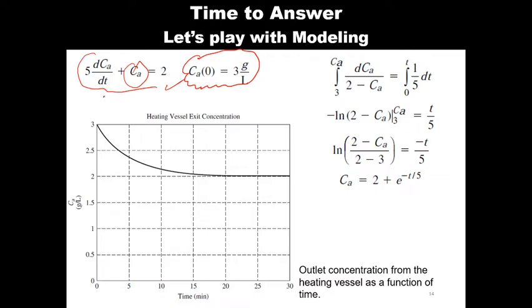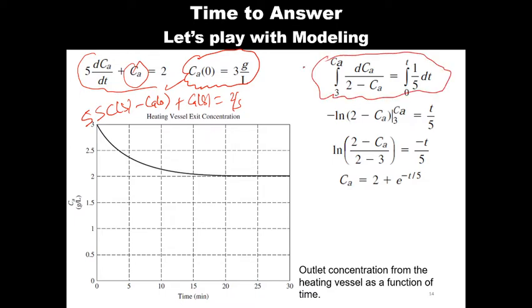In the Laplace domain, s Cs minus Ca0 plus Cs equals 2 by s, and you can calculate Cs, or solve simply with the help of the integral. After solving, you get Ca is equal to 2 plus e to the power minus t by 5.